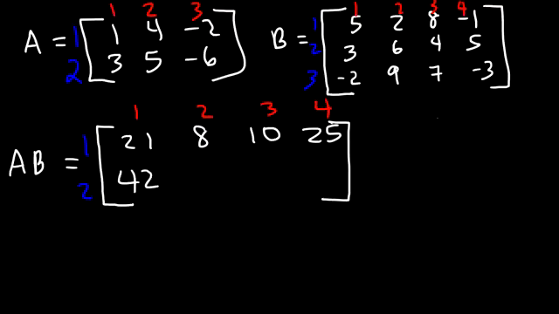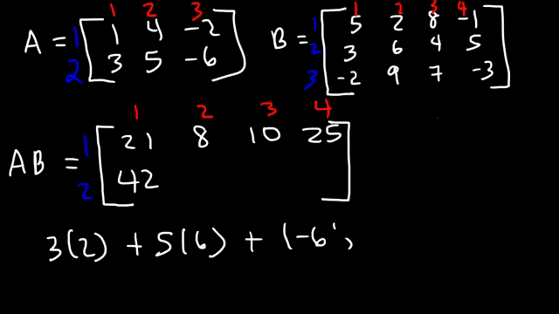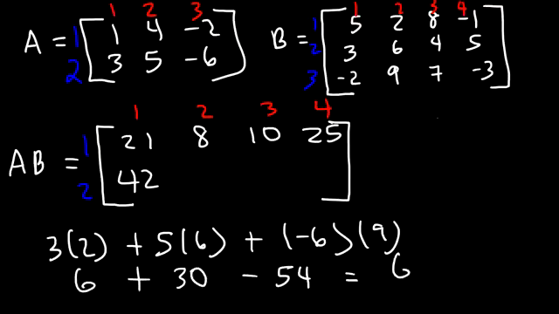Next, we have row 2 times column 2. So that's going to be 3 times 2 plus 5 times 6 plus negative 6 times 9. 3 times 2 is 6, 5 times 6 is 30, negative 6 times 9 is negative 54. Now 30 minus 54 is negative 24, and 6 minus 24 is negative 18.